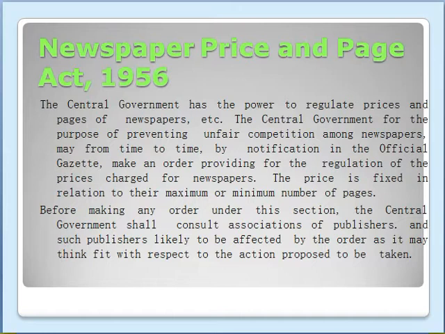So the price is fixed in relation to the maximum or minimum number of pages. Before making any order under this section, the central government shall consult associations of publishers and such publishers likely to be affected by the order as it may think fit, with respect to the action proposed to be taken.